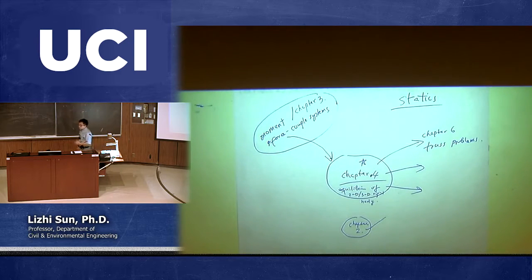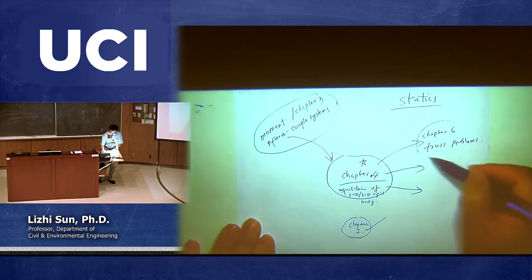Okay, so for truss problems, as a first step, we need to calculate reactions. So that's exactly chapter 4. But after we get all the reactions for the given 2-dimensional truss structure, our next job is to calculate the internal forces. Okay, I'm going to go over those a little bit later on. So this is one special case.